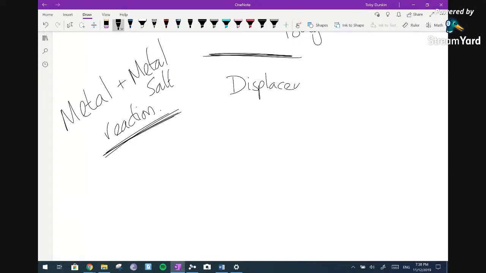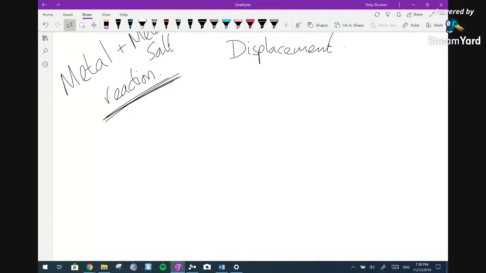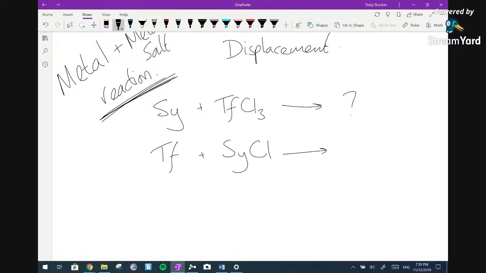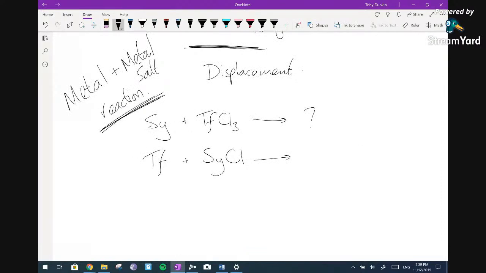We're going to take cyanium and react it with tifonium chloride, and we're going to see if there's a reaction. We're going to take tifonium and react it with cyanium chloride. And what we're now going to do is look for any observations at all.